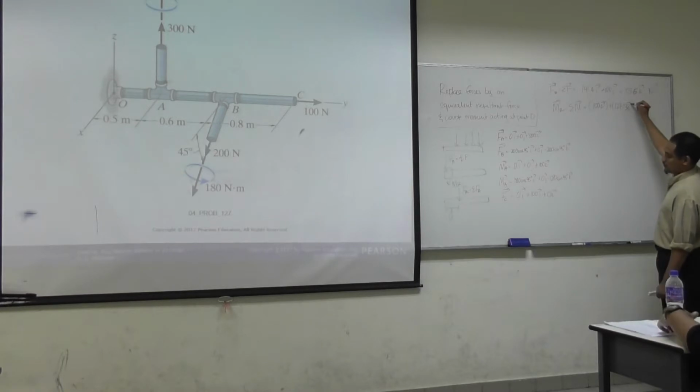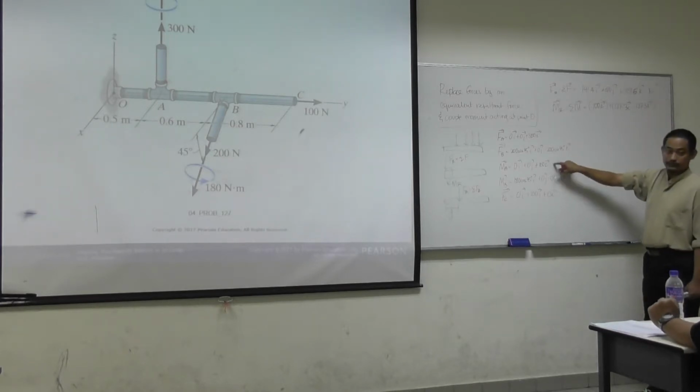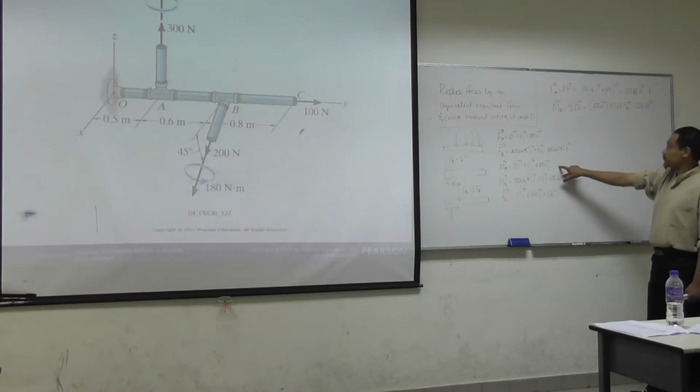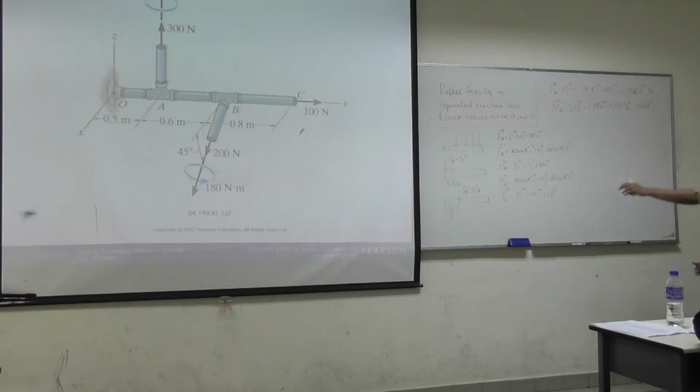I minus 127.3, is it? So that is from these two moments. Okay, for these two parts first, you understand why we just add? Understand? Okay, so that's couple moment, you just add.